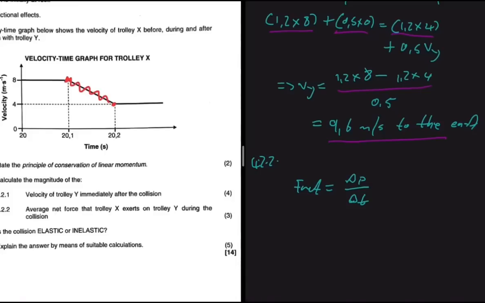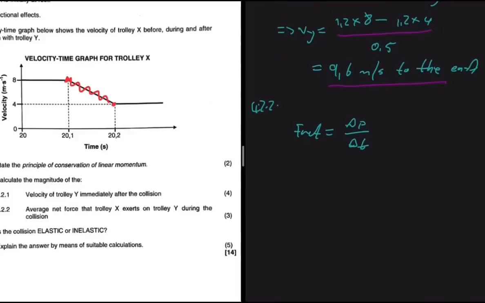So let's just stick to trolley X because we're going to be using the velocities that are given to us. So there's no way we can go wrong with the values, right? Momentum final will be 1.2 multiplied by 4, minus momentum initial, which is 1.2 multiplied by 8, and then divided by the change in time, which I've indicated here in our graph, right?